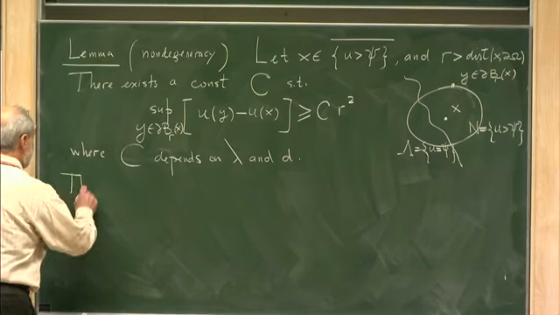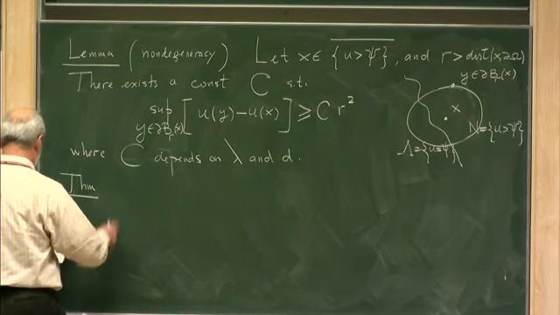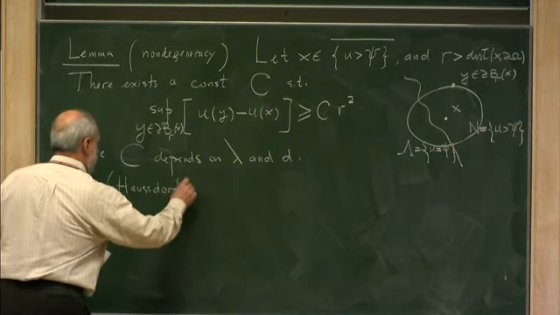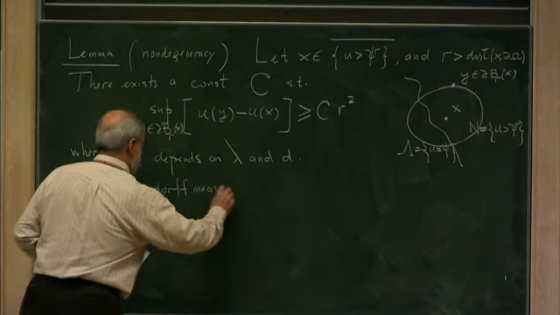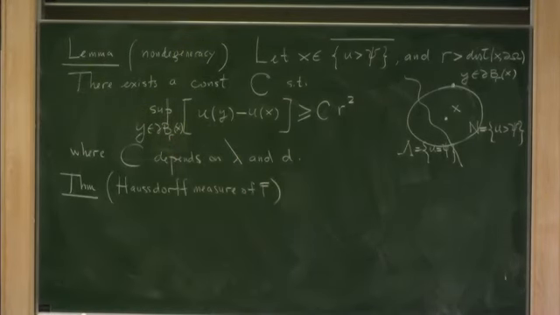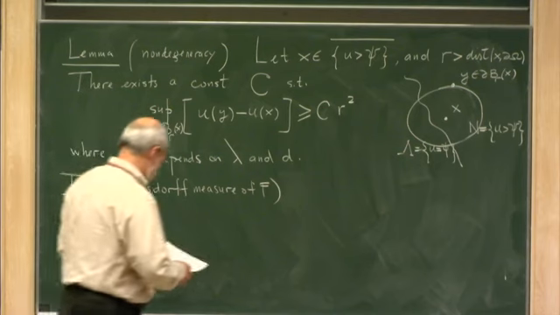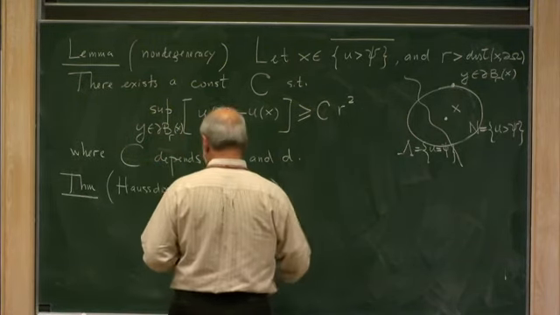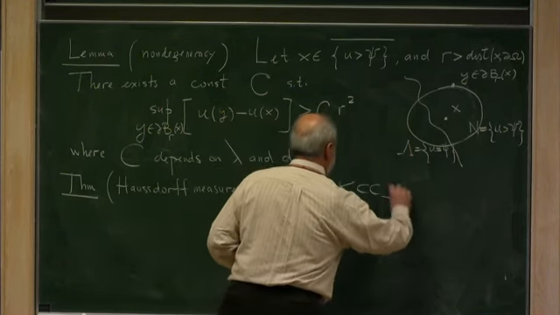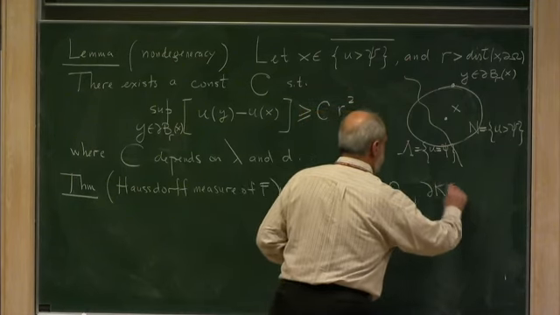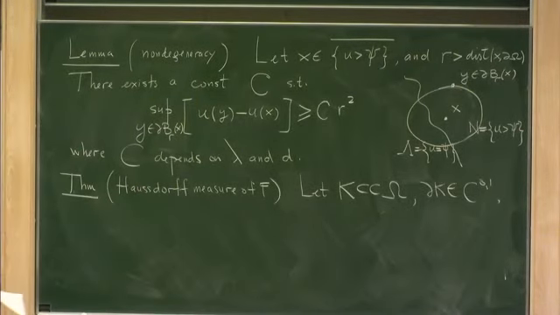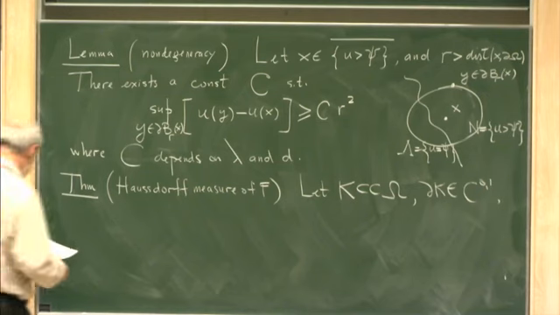This leads to the following statement, also by Caffarelli, which is about the Hausdorff measure of the interface. So again, we have a compact set. Maybe the boundary is not that bad, let's say it's Lipschitz. This is not essential, but it's important to do some integration by parts.